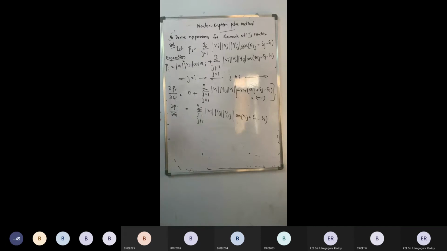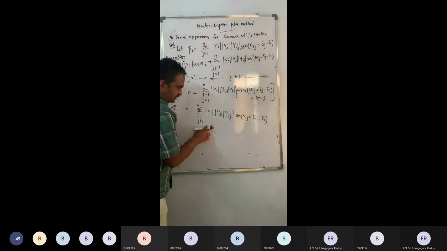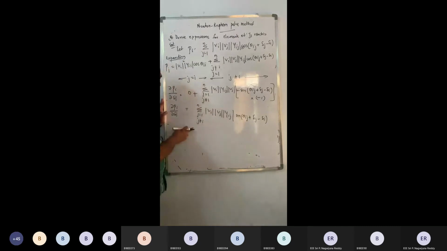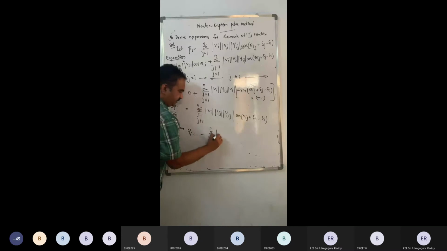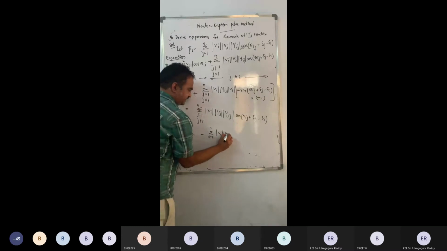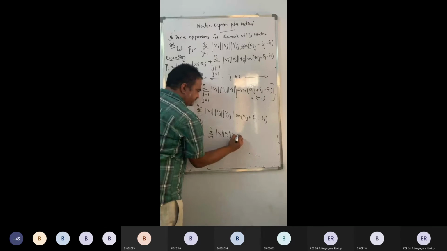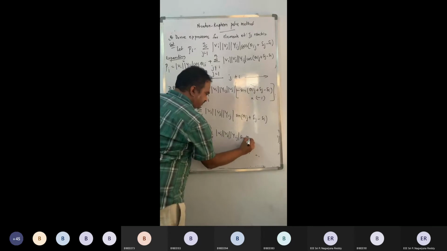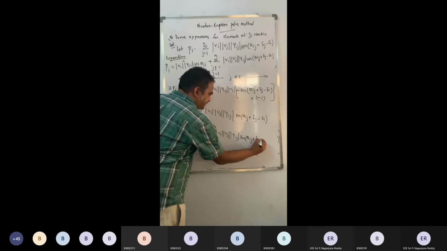So I am trying to simplify this one. See here, this entire equation resembles the reactive power. Isn't it? What is Qi? Minus sigma j is equal to 1 to n mod Vi mod Vj mod Yij sin of theta ij plus delta j minus delta i.